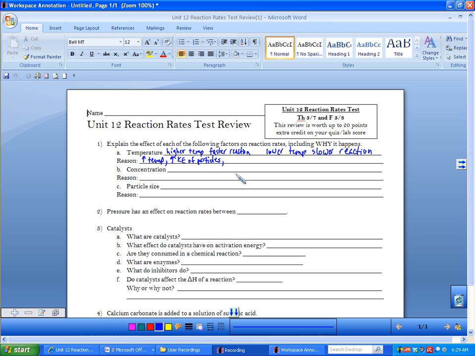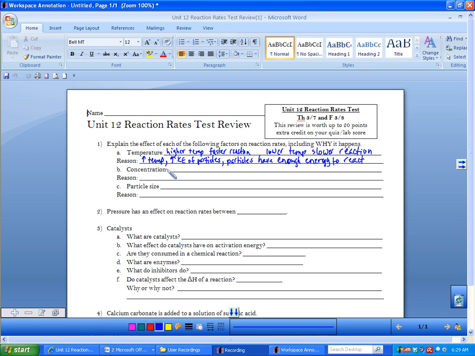And since energy is necessary to make the reaction occur, we know now that the particles have enough energy to react.